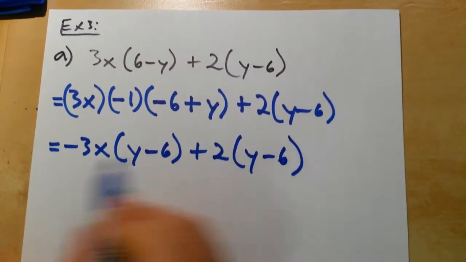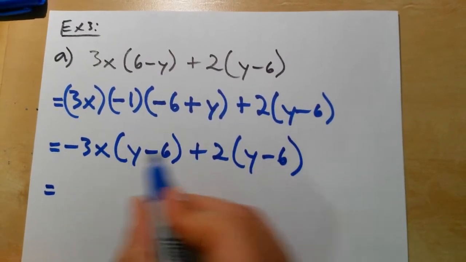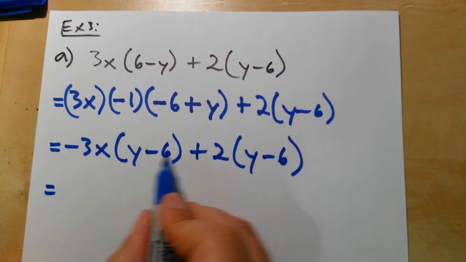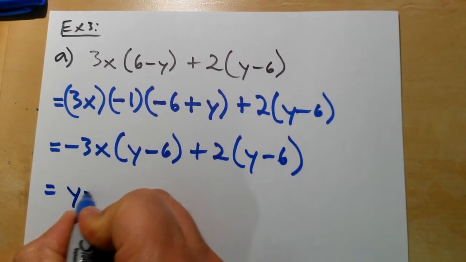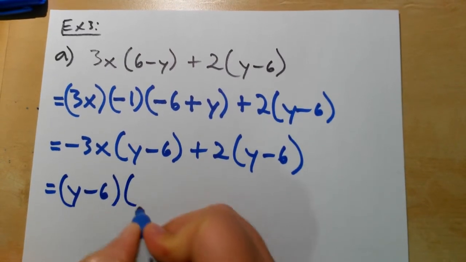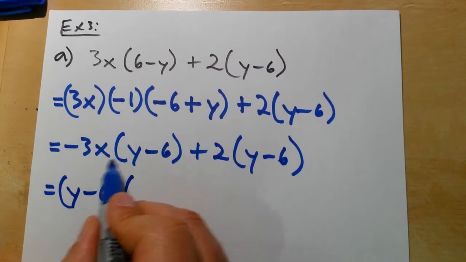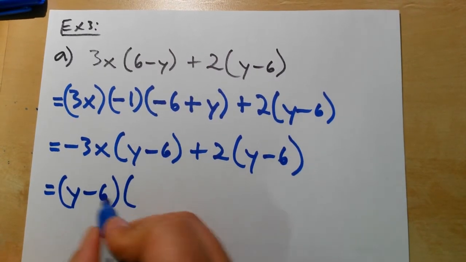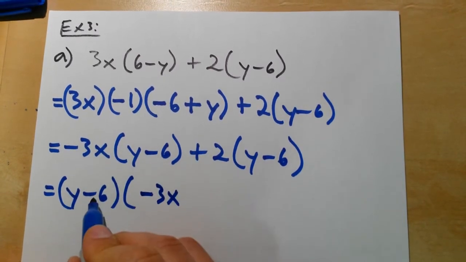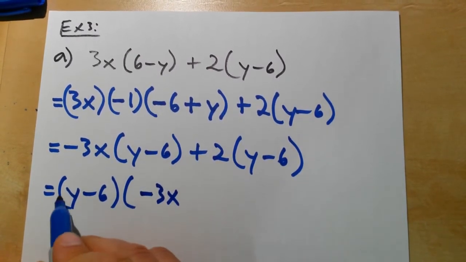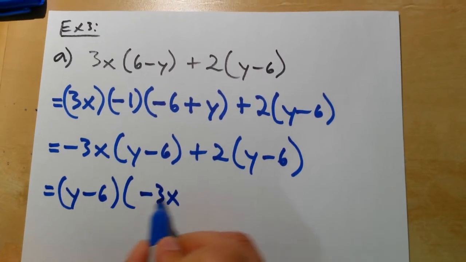Now, just like the previous example, is there a common factor between these two? Yes, we have the y minus 6. The y minus 6 is common between these two, so let's factor it out. Y minus 6 in brackets, and then y minus 6 times what in order to get negative 3x times (y minus 6)? Well, y minus 6 times negative 3x will give us that, because we need to get a negative expression here.